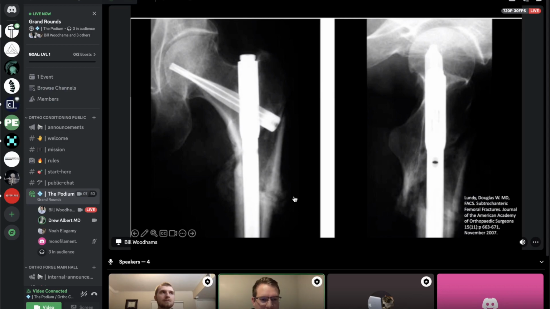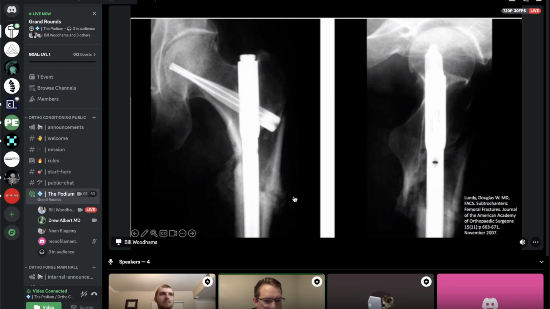I think a lot of joint arthroplasty surgeons like cerclage wires and using them to hold fracture pieces to their arthroplasties, like a femoral stem. So even with subtrochs, I have not seen people in our trauma world, in my experience, jump to cerclage wires.